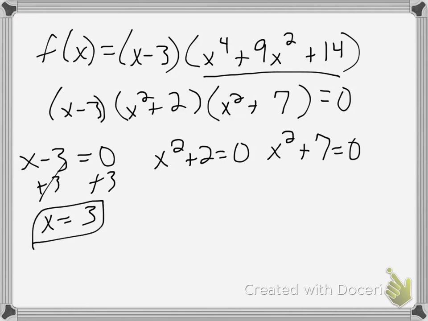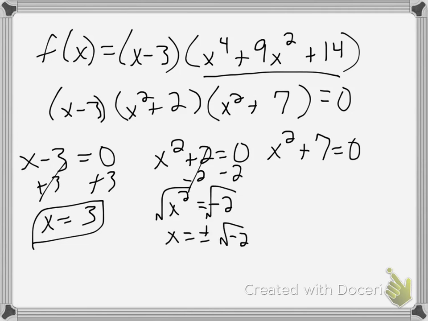There's one of my zeros. Subtract 2 from both sides. X squared equals negative 2. Take the square root of both sides. I get x equals plus or minus square root of negative 2. So going back to our complex numbers, this would be x equals plus or minus i square root of 2.